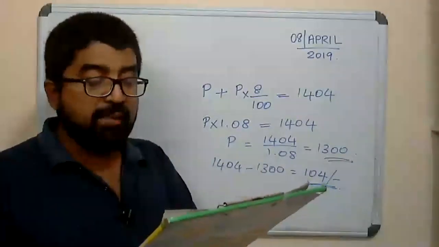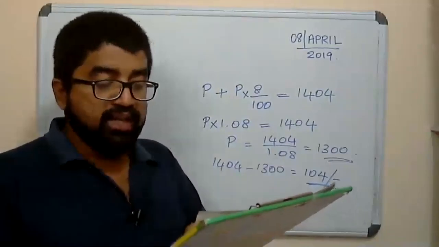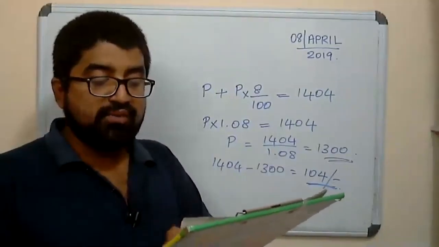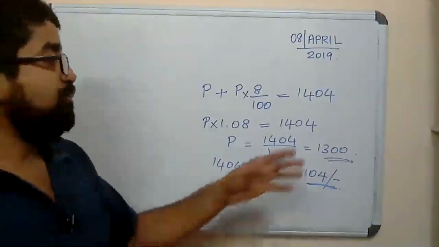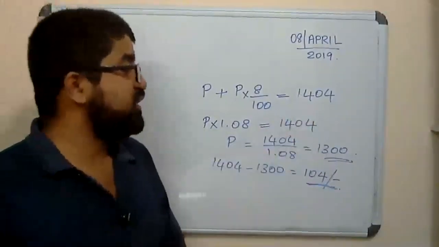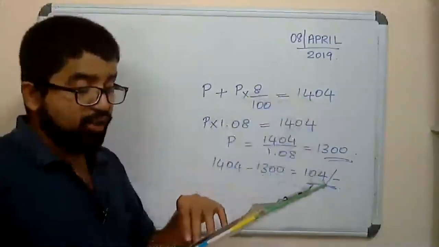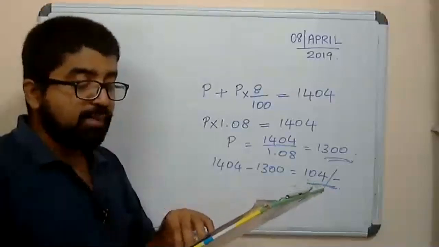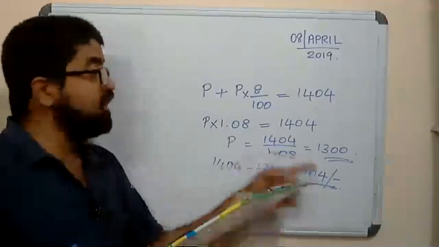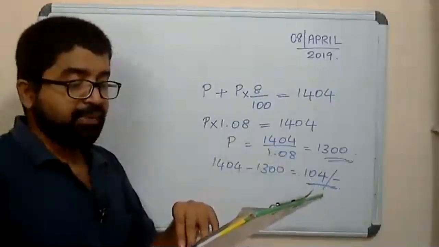That is the amount equivalent to that of the tax. So what is the reduction of the price of the watch? That value comes to 104 rupees. So she is planning to buy it for 1300 rupees, so that along with that tax the total amount comes to 1404. So she wants to reduce the price of the watch by 104 rupees. 104 is the final answer for our fifth question.